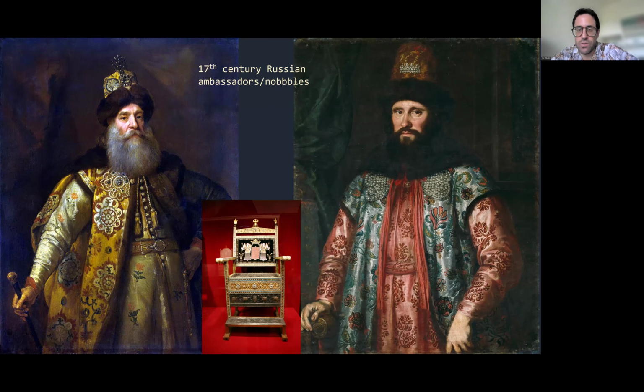If we were to look at Russian noblemen in the 17th century, you'd see that they basically dressed like the Ottomans. They're dressed as Central Asian nomads, right? These kaftans and heavy silk brocades. This is brought in from Iran, and so forth. If you were to look at the thrones that were being built, or at least gifted to them by prominent Armenian merchants and others, they're based off of Islamicate types of styles.